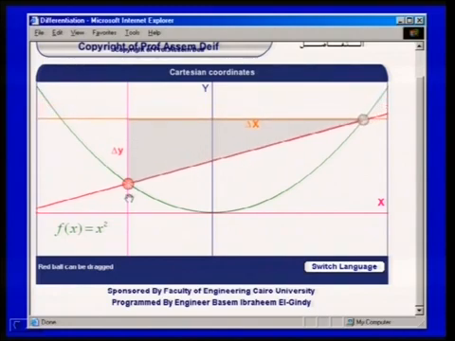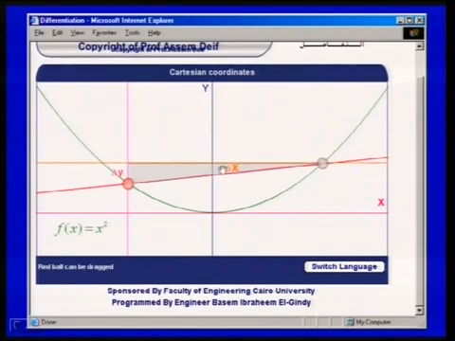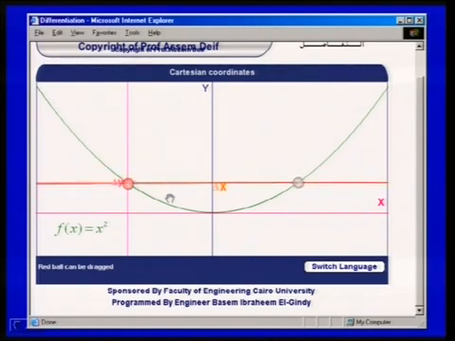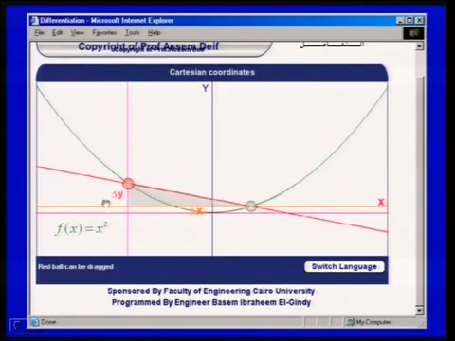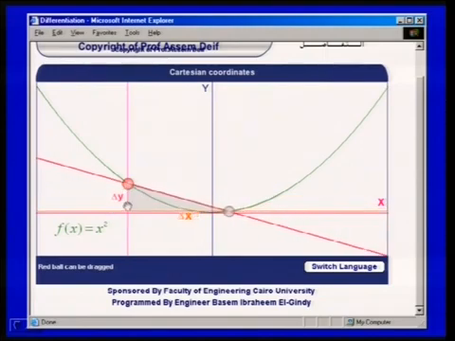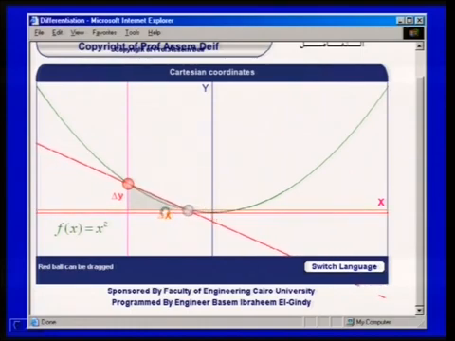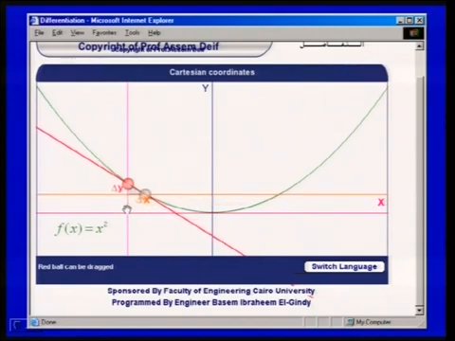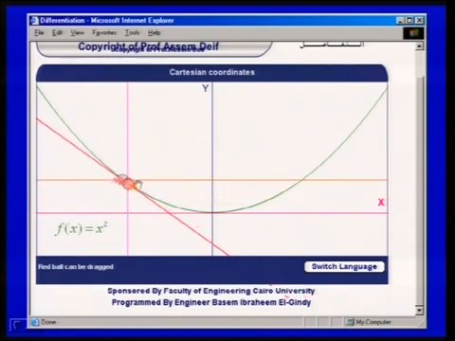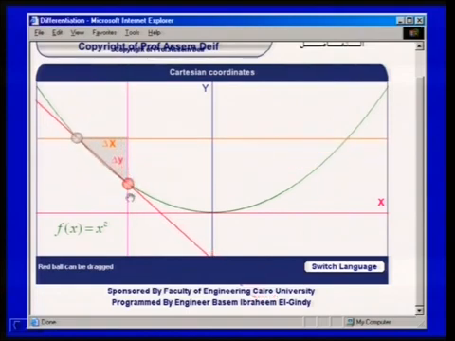Because delta y in this case is negative, and delta y and delta x could be positive or the contrary, here delta x is positive and delta y is negative, and this is why you get a slope which is negative. And once both approach each other, in other words, this point which is moving approaches the point at which you wish to calculate the derivative, then only you get in the limit the derivative of the function at the red point here.